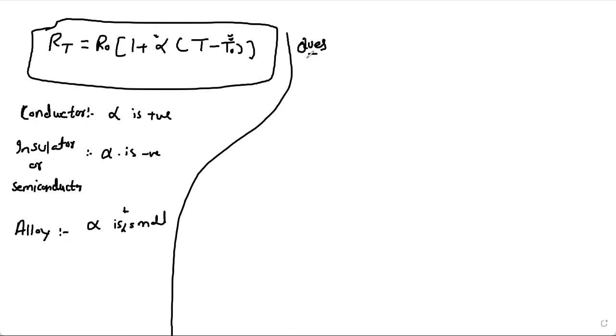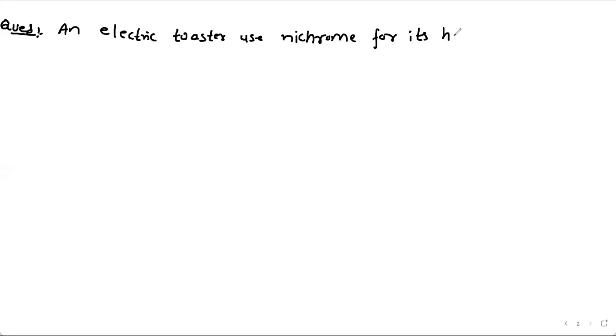Let's solve a few questions on this concept. The first question: an electric toaster uses nichrome for its heating element.